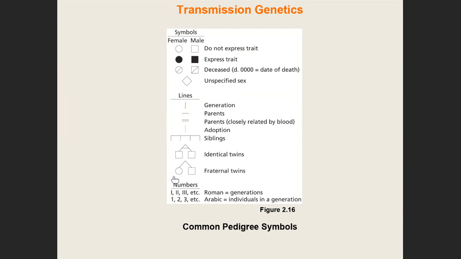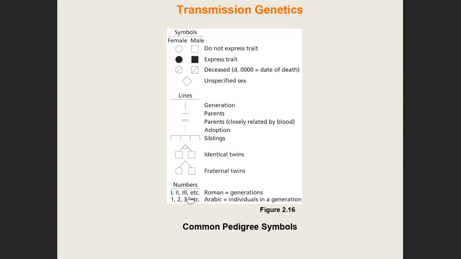If you don't know this, you have to take a peek at this. These are the symbols used in pedigrees. Females are symbolized with a circle and males with a square. And the filled circles or squares are individuals in a pedigree that express the trait.